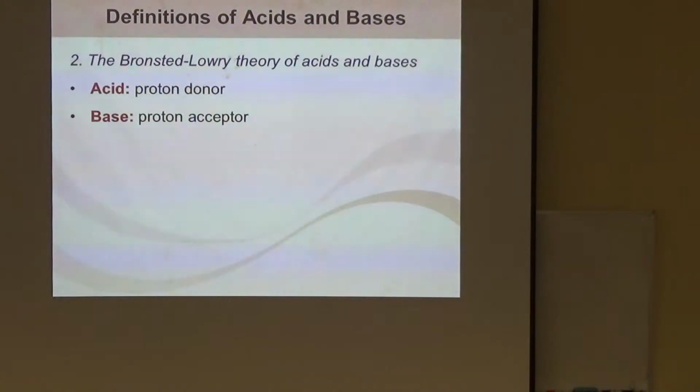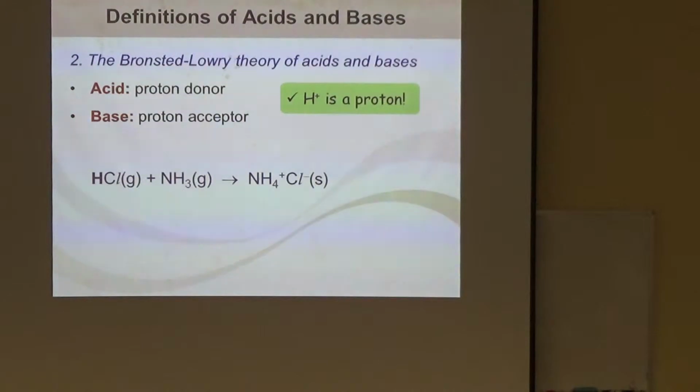Okay. Now, more up-to-date Bronsted-Lowry theory of acids and bases. Okay, so now they just think of it, okay, let's dispense with the OH minus. An acid is anything that donates a proton, a base is anything that accepts a proton. Okay, so H plus, the proton is H plus.